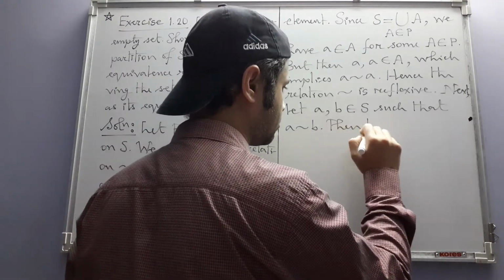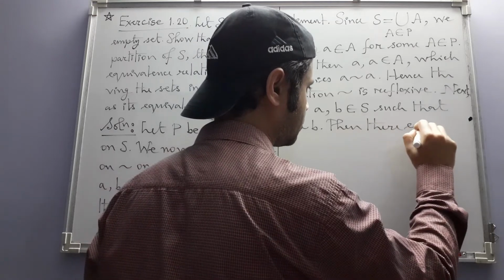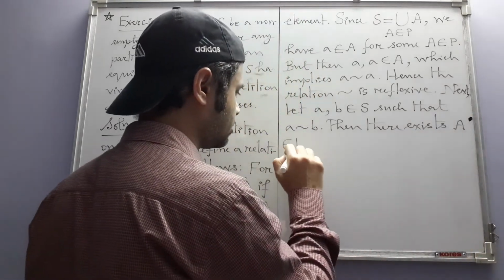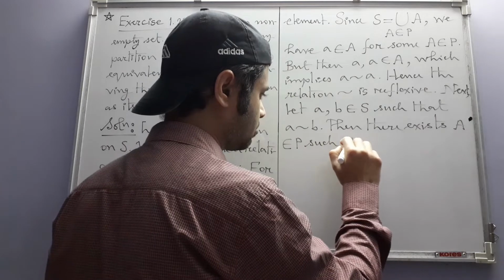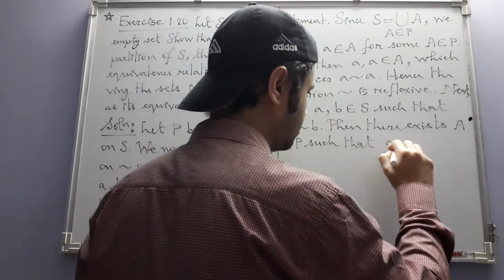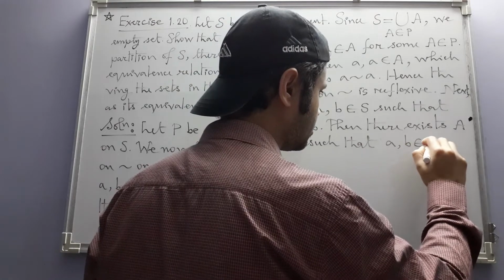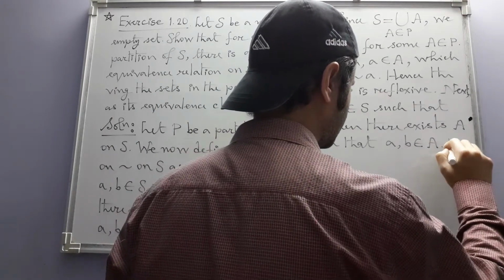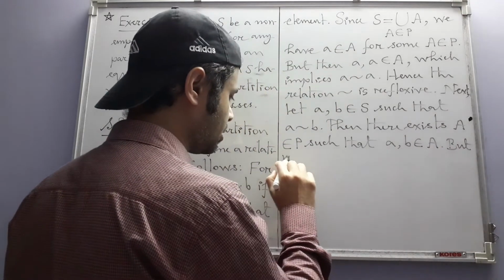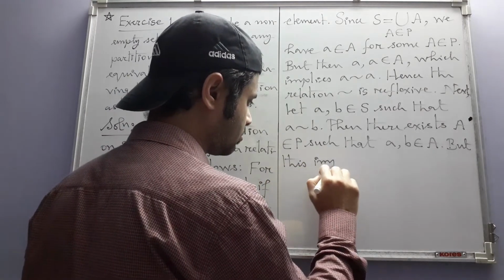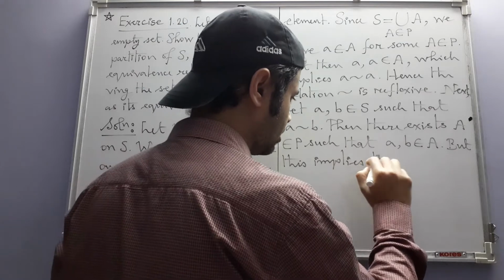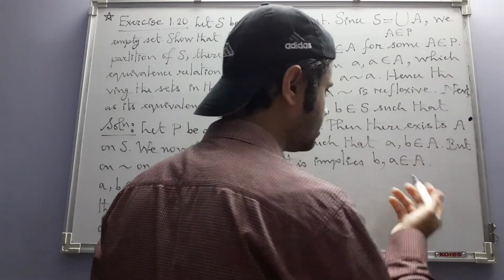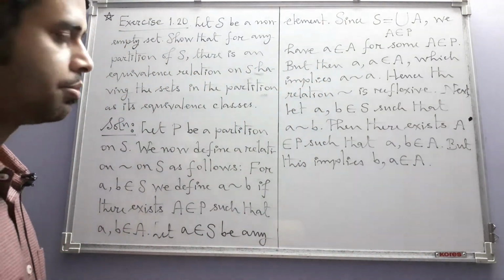Then there exists some set A in the partition such that a is in capital A and b is also in capital A. But this implies that b is in capital A and a is also in capital A, which is just the same thing said in a different manner.